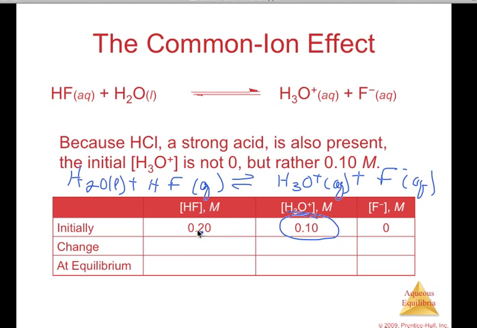Okay, so I have HF present and I have the hydrochloric acid. The Cl is the anion of a strong acid, so it's just going to stay fully ionized. Looking at the change, since there is no fluoride ion, the equilibrium has to shift to the product side. I'm going to lose HF, gain hydronium, gain the fluoride ion.